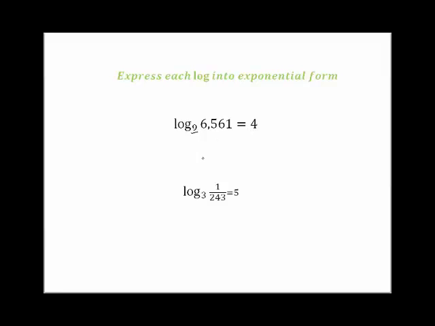So let's rewrite that. If we say 9 to the 4th, that's our exponential form, right? If you put 9 to the 4th into your calculator, you're going to find that 9 to the 4th equals 6,561. So that is how to rewrite it into exponential form.